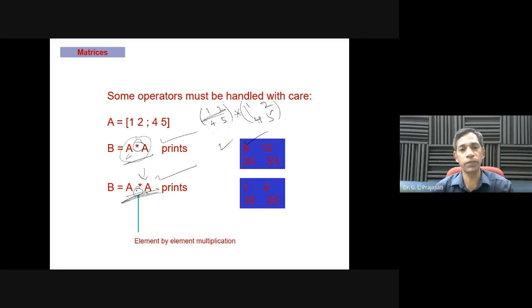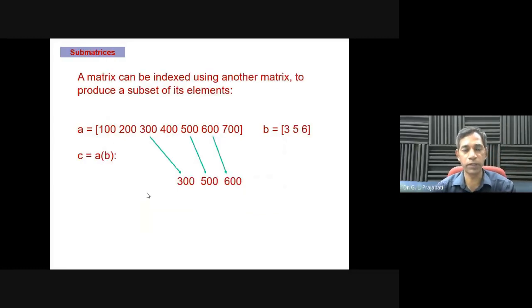So next we will explore more in the next classes. This is just a glimpse you have. So this is the matrix. You know that A is this, and B is equal to, say, a matrix, and sometimes you want C is equal to A(B). So C is the matrix and B is the matrix, and now this will act as the index. So which one is the third one? 300 is the third one.